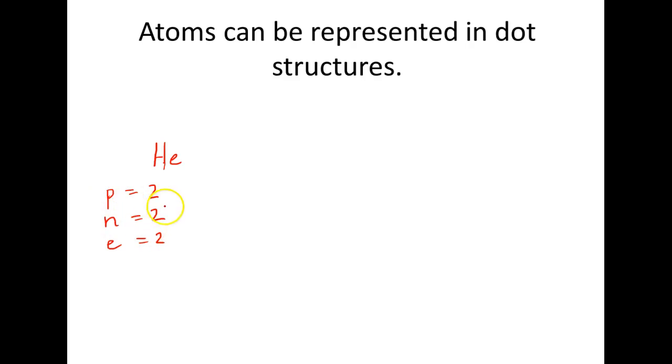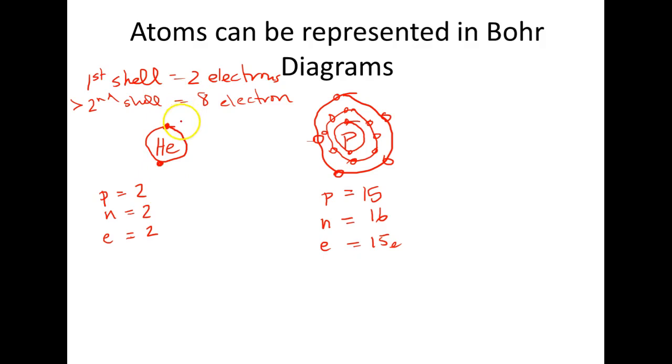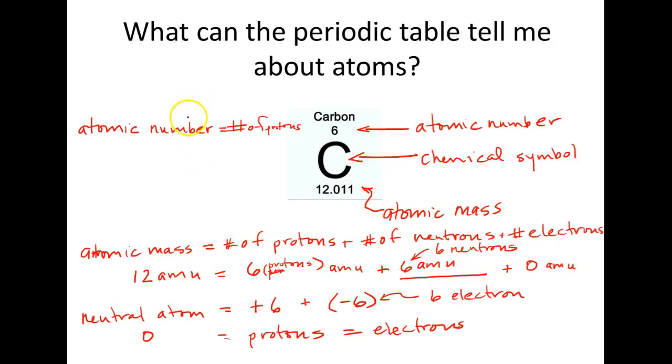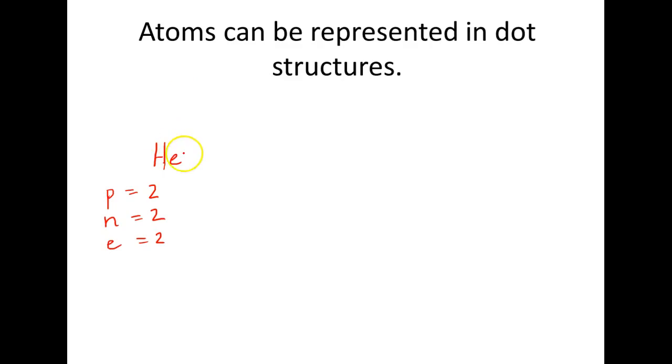We do not concern ourselves about protons and neutrons again, but this time we only concern ourselves with the outer shell of helium. So I notice I only have one shell of helium. It's a single shell, and it has 2 electrons. So what I'm going to do is draw 2 dots. I start on the top and then on the right first. So this is the dot structure of helium.